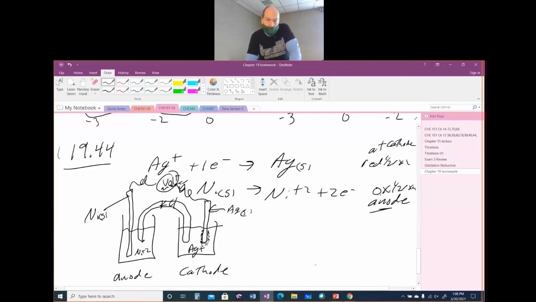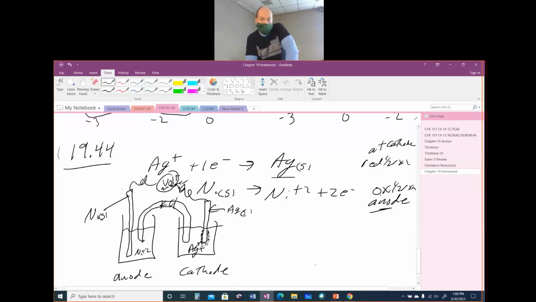So the Ag plus is going to turn into Ag solid, more solid metal on this electrode. So Ag plus is leaving. To neutralize that, you have to add some more K plus.